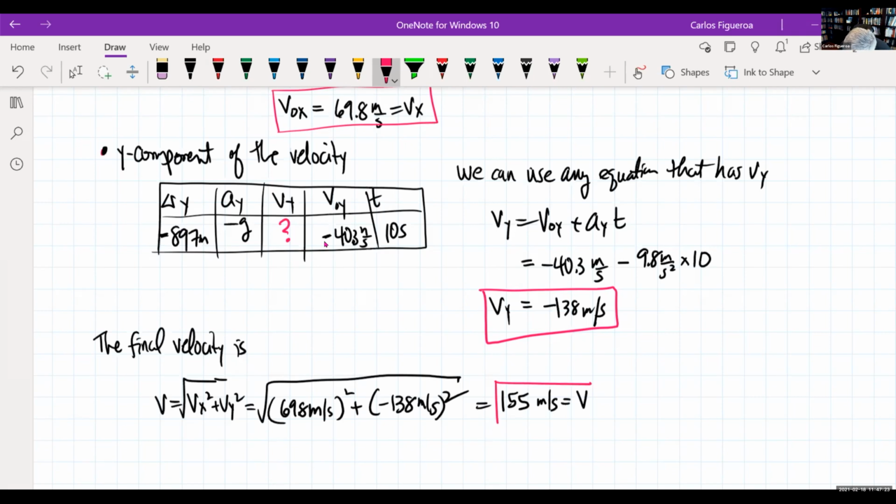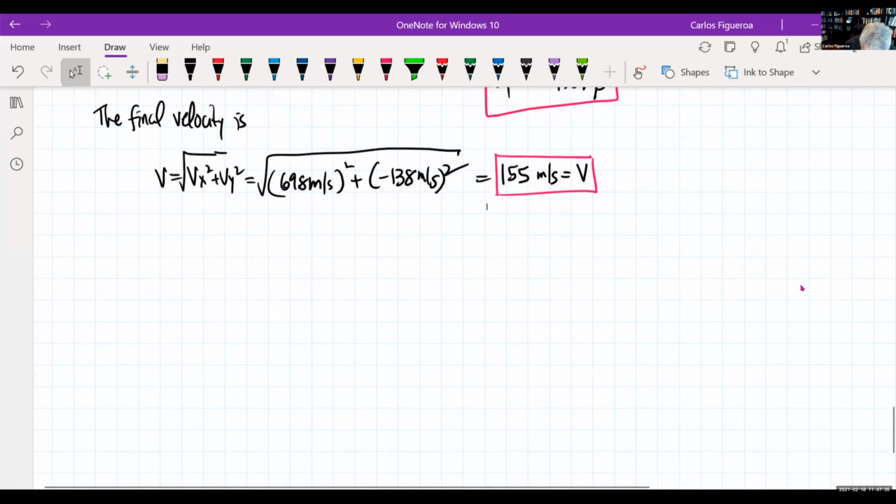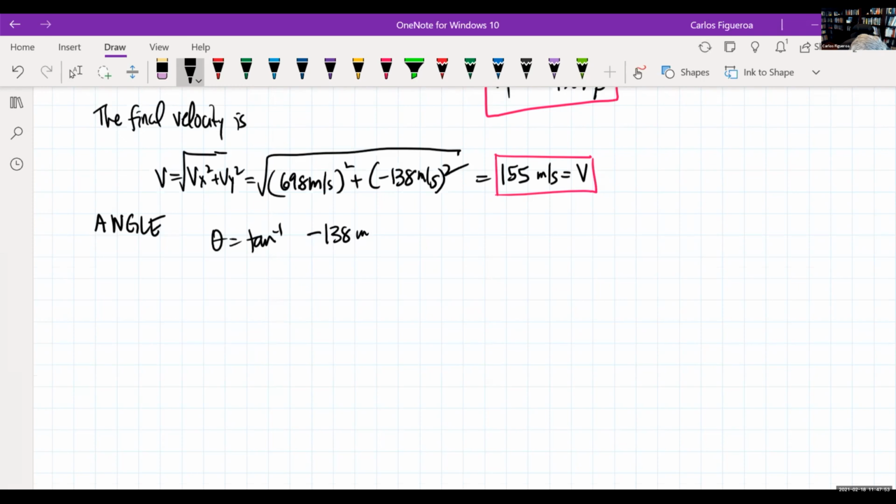I now know what the speed is, but I need my velocity. The way I get my velocity is I got to get the angle. The big thing which people have a tendency to miss, as I've already said several times, is don't forget about the angle. So the angle theta is equal to tan inverse of minus 138 divided by 69.8 meters per second.